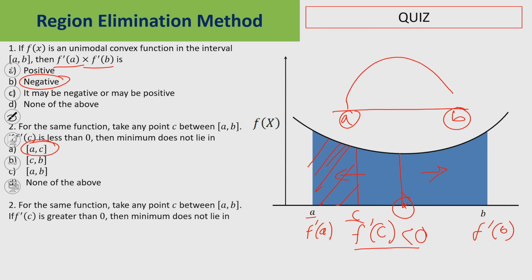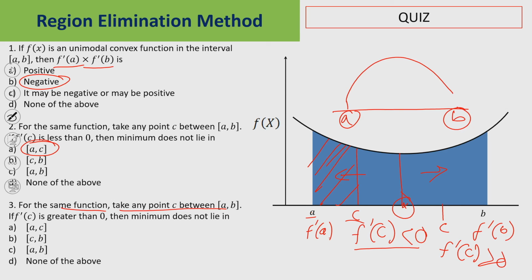Similarly, the third question is, for the same function, take any point C between A and B where the derivative at C is greater than 0, that means positive. So now C is somewhere here and the derivative at C is greater than 0. In that case the minima is not there between AC, CB, AB, or none of the above.